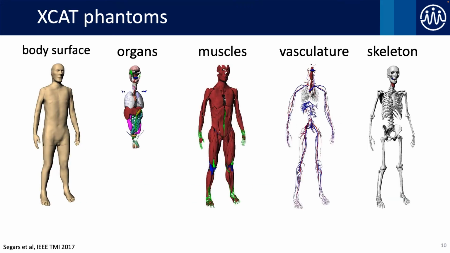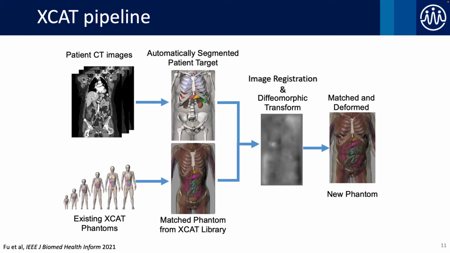We are one of the groups that work with virtual phantoms, and we create these whole body anatomy phantoms called XCAT phantoms. These are based on CT images or MRI images, and we get the major organs and major structures, and we create a library of them, including muscular system, vasculature system, skeleton, and so forth.